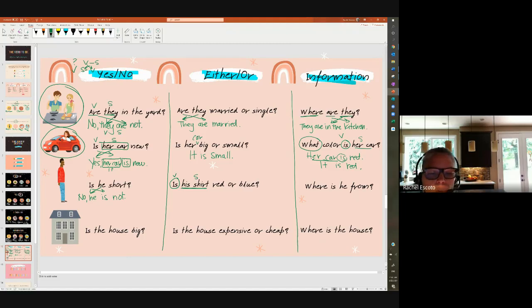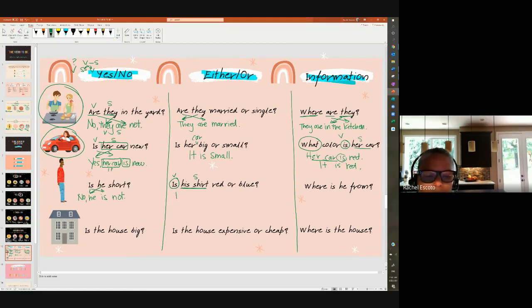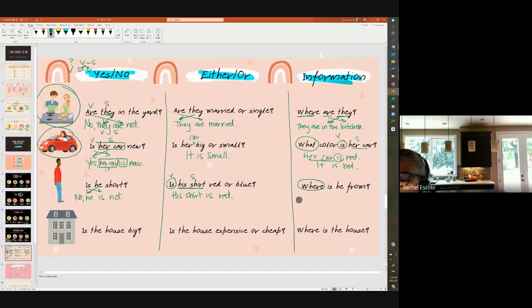So we're going to put the subject first, his shirt, and now the verb. Then here's a tricky question. Where is he from? We have our verb and our subject, and we have to change places. So we have he is from Canada.